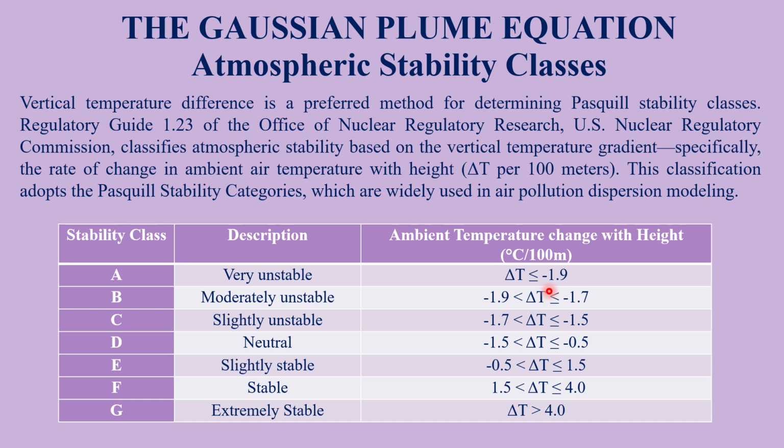a change of temperature is 1.9 or more, then it is very unstable, and in between minus 1.9 to minus 1.6, then it is moderately stable. And when you can see that the ambient temperature change with height is increasing, then it is stable.